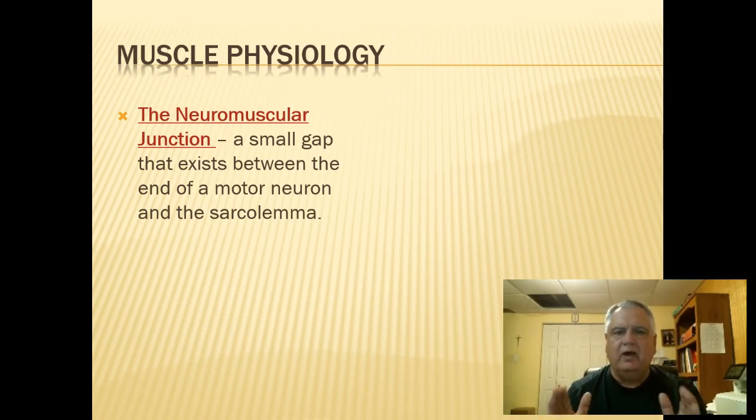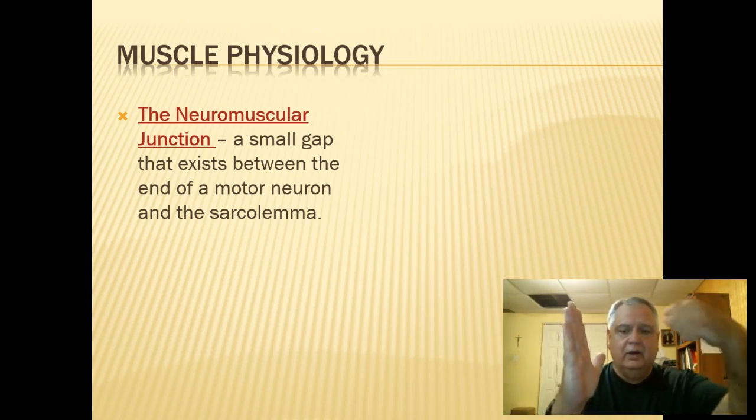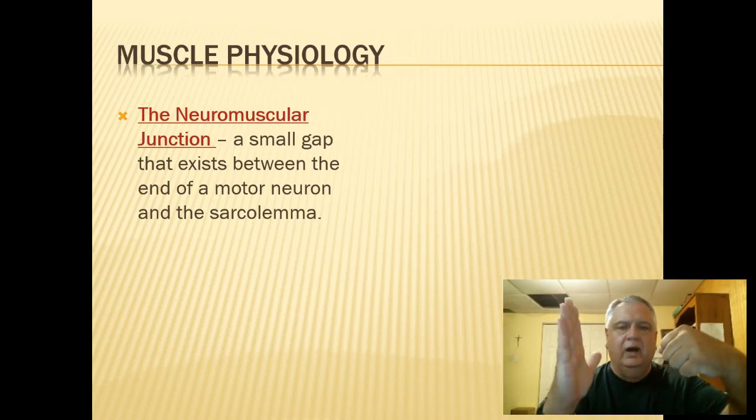So the cells always have a little gap between themselves and the next cell, and sometimes the gap is even bigger. The same is going to hold true whenever we talk about neurons that supply muscle fibers. If this hand is the sarcolemma, or the plasma membrane of the muscle fiber, my fist represents the end of the axon, or the terminus.